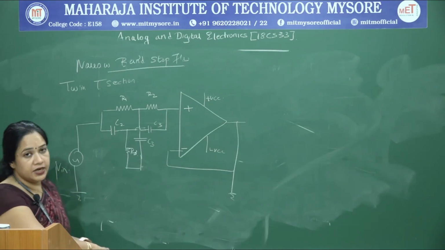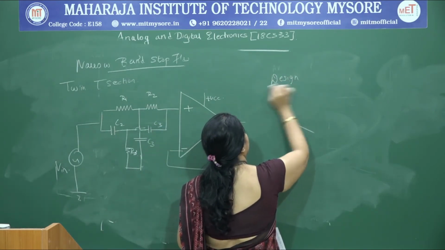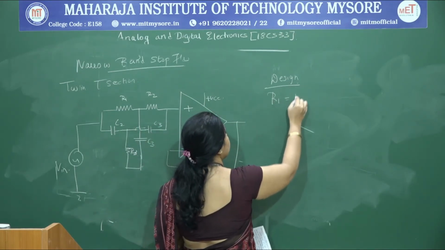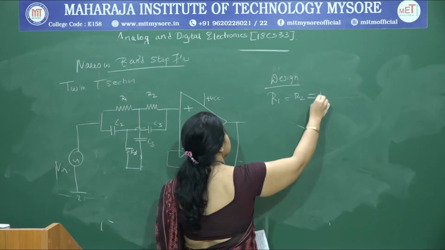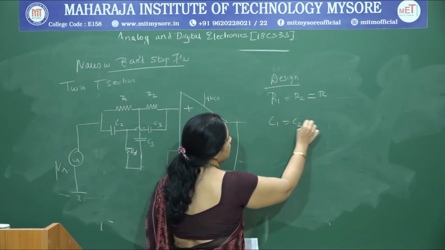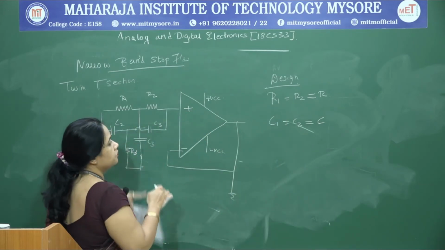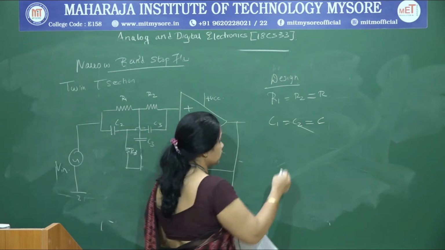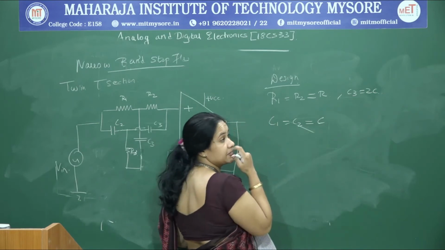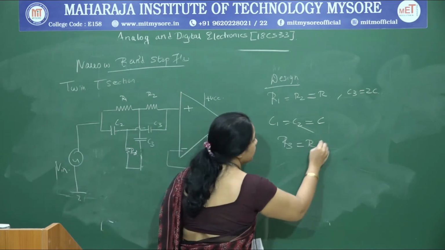And if you are interested in designing this, the design equations for a narrow band stop filter go something like this. You take identical values of resistors in the T section, let me equate it to R, and capacitances C1, C2 in the high pass filter section I take as identical, C. The capacitance in the low pass filtering section, C3, I take as 2 times C, and R3 in the high pass filtering section we take as R by 2.